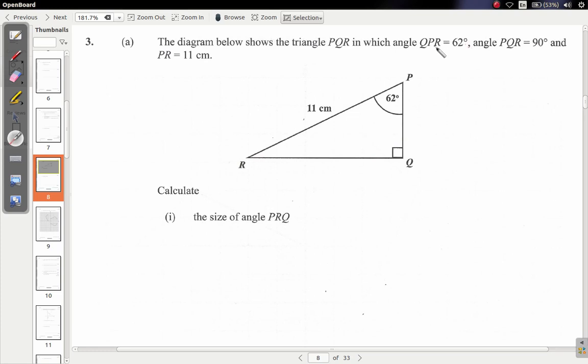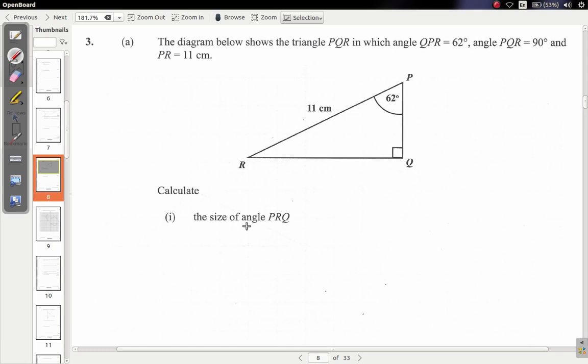So remember, always the letter in the middle is the angle there. And PR, from P to R, this line, equals 11 centimeters. And then it says you must calculate.